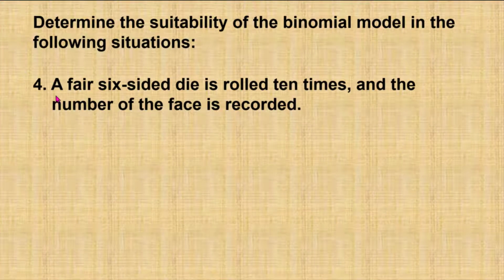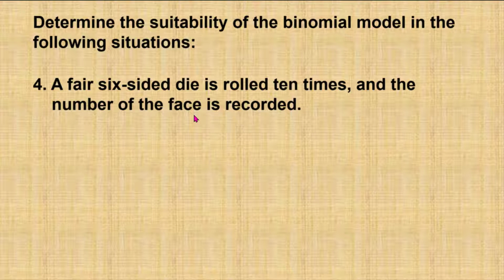Now we proceed to the next situation where a fair 6-sided die is rolled 10 times and the number of the face is recorded. For this situation, there is a fixed number of trials, which is 10 rolls. Each roll is independent of the others.